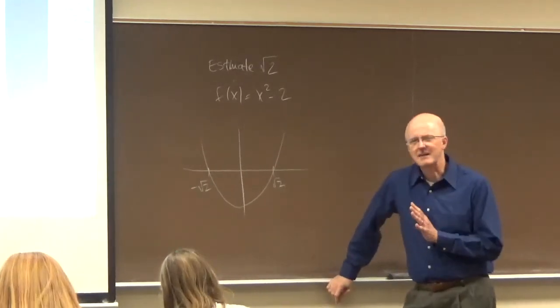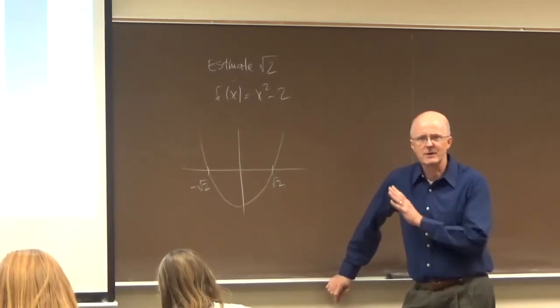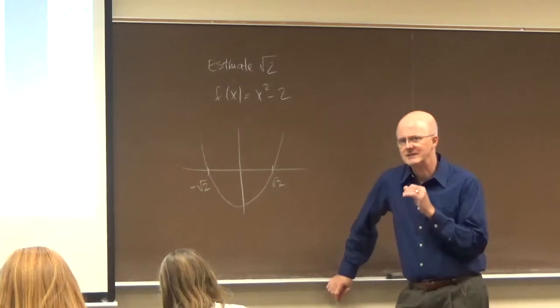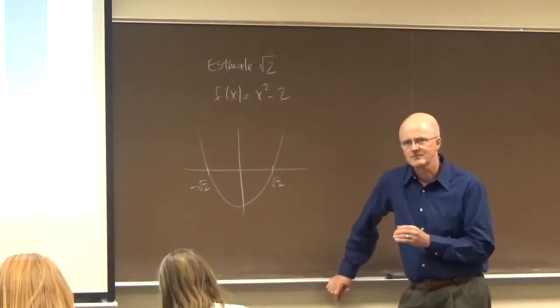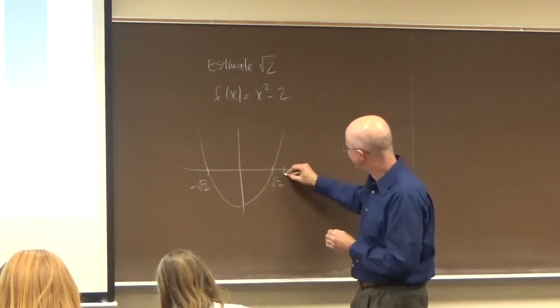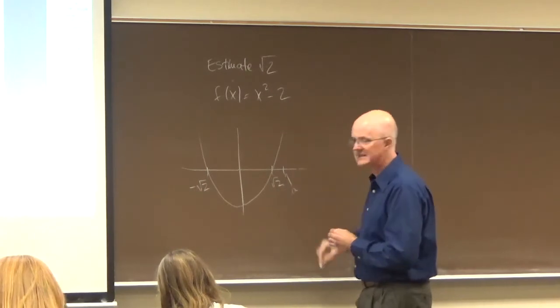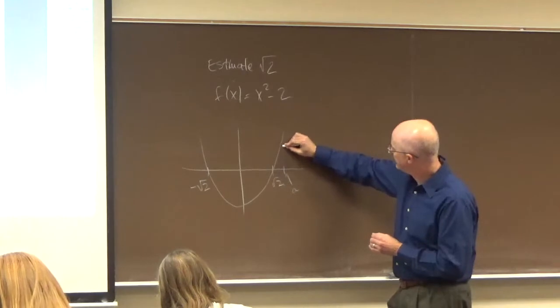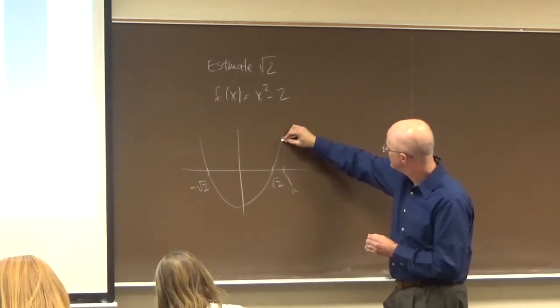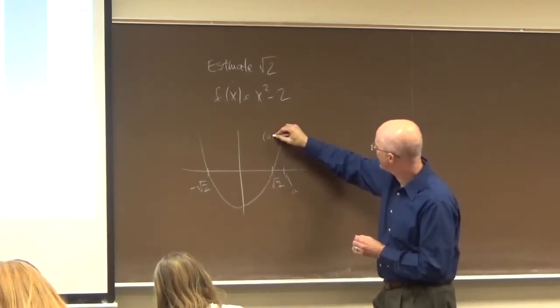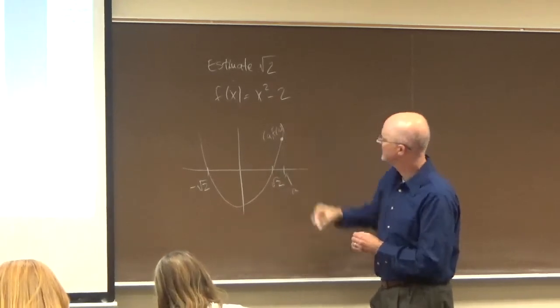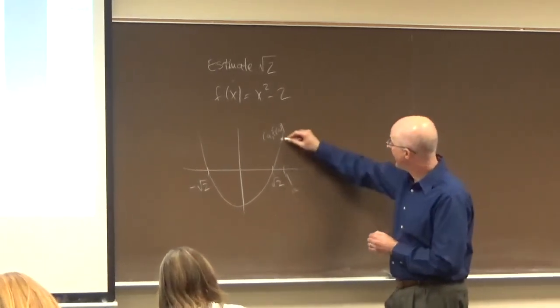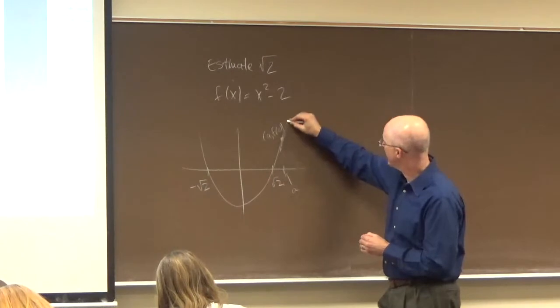Let me just think about trying to estimate the square root of 2 with the Newton's method picture without using the recursive equation. Let's just call your initial guess A instead of x0. What's the idea of Newton's method? The idea is to go up to the graph, to that point, A comma f of A, and then find the tangent line equation right at that point.